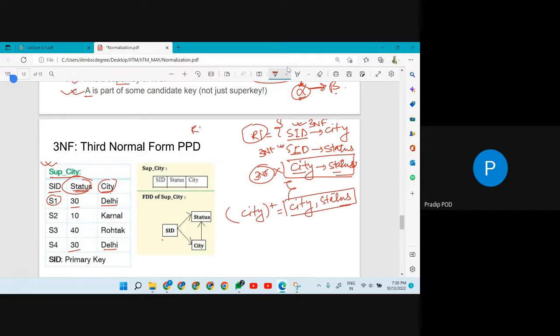So you already have R1. You have to create one separate table, which you can call R13. R13 contains this information, city and status, and you also have to write the associated functional dependency with it.